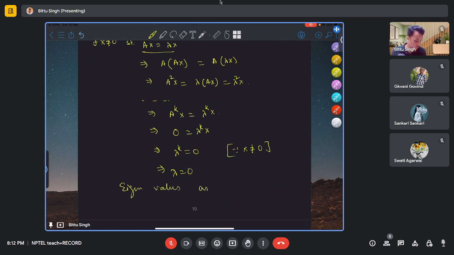So the eigenvalue of a nilpotent matrix is 0. So 0 is the only eigenvalue.